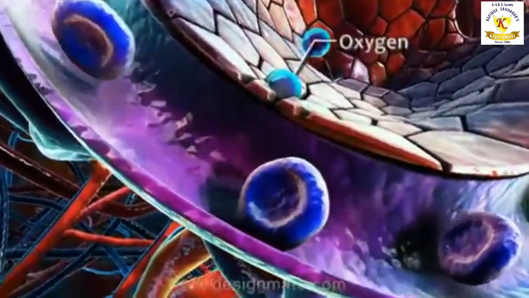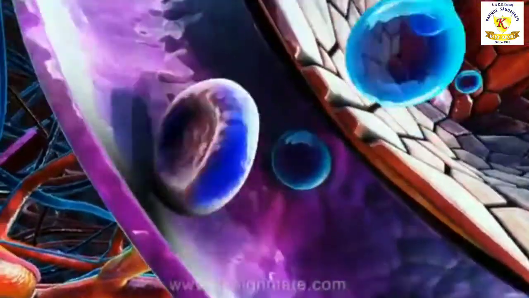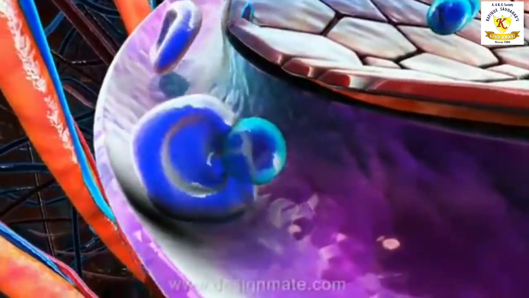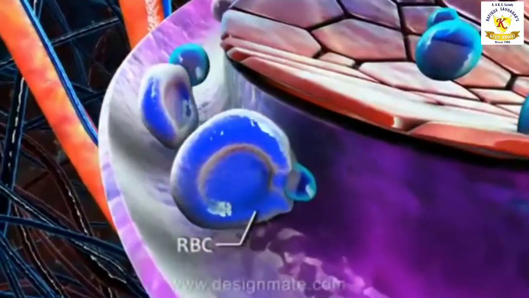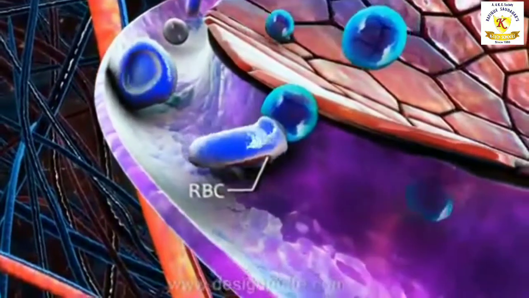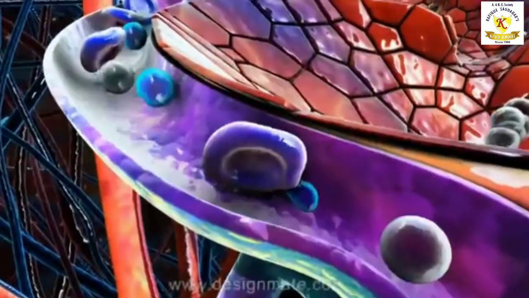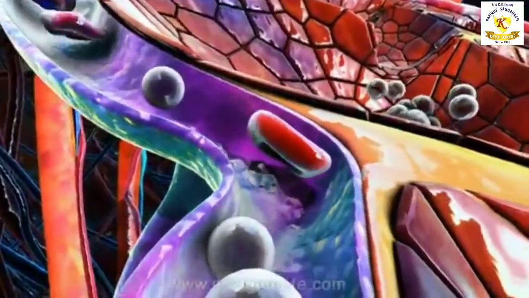The oxygen molecules from the alveolus diffuse into the capillaries and then get absorbed by the bluish-purple RBCs. This causes oxygenation of RBCs and a transition in their color from bluish-purple to red is observed.